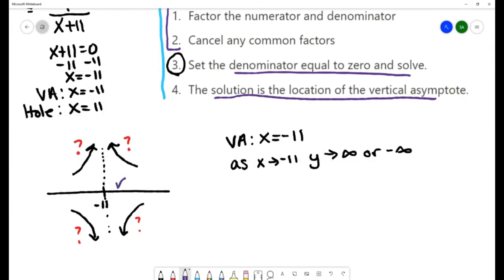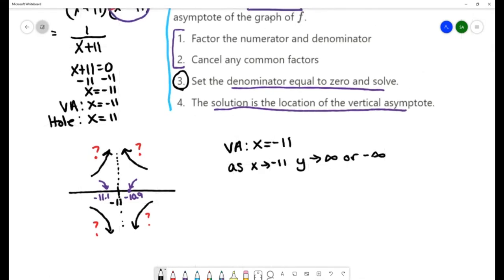So on the right, we're going to pick a number that is a little bit bigger than negative 11. So let's do negative 10.9. And we're going to test a value a little bit to the left of negative 11, like negative 11.1. And we're going to see what happens with our function. So remember, we simplified our function to be 1 over x plus 11.